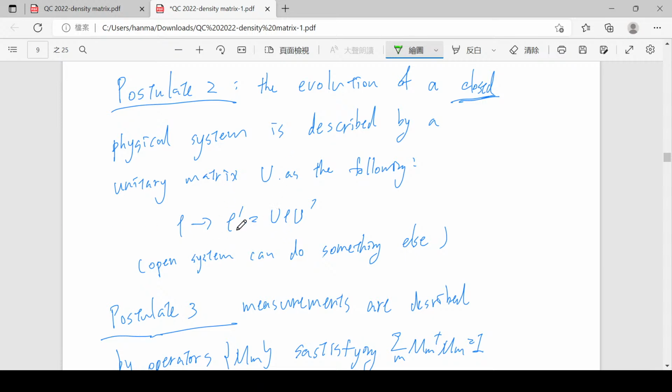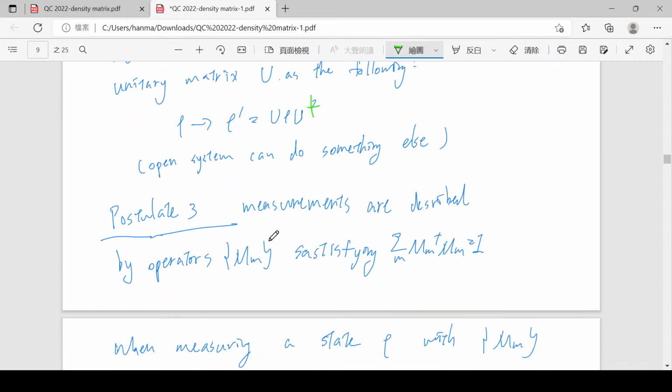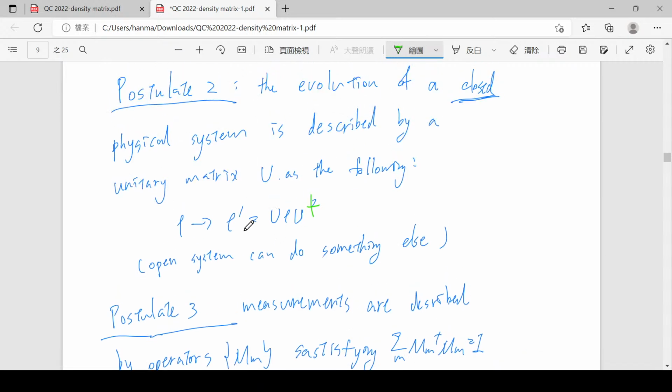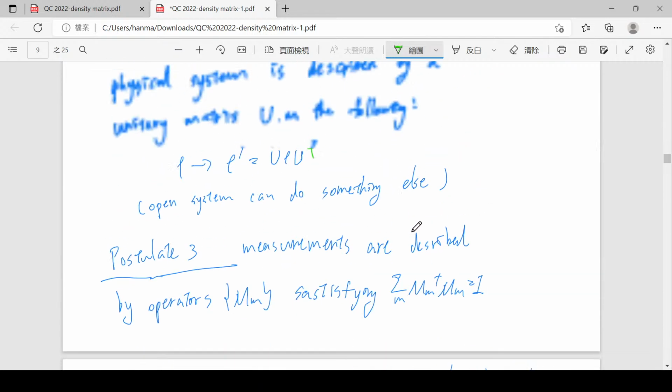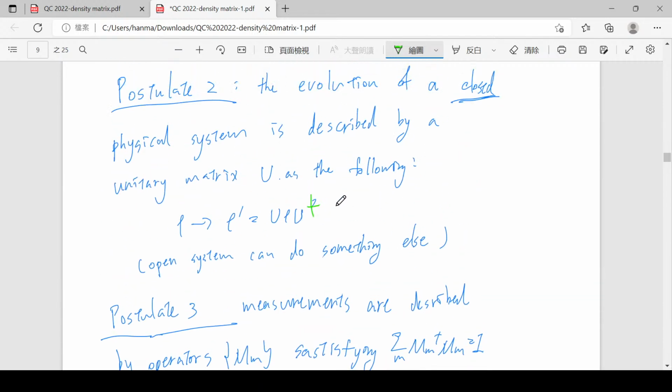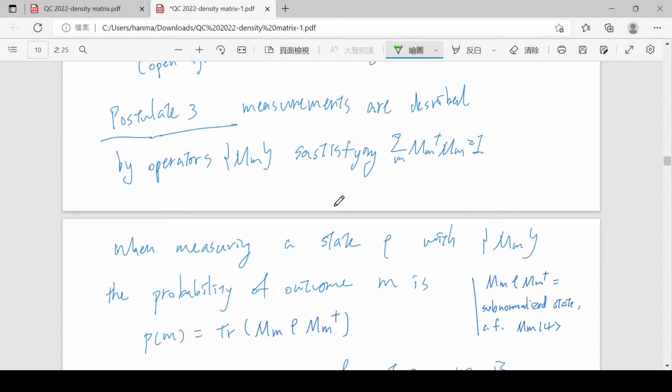So rho becomes rho prime, which is U rho U dagger. We are going to see this kind of formula a lot: rho gets changed to some matrix times rho times that matrix's dagger.